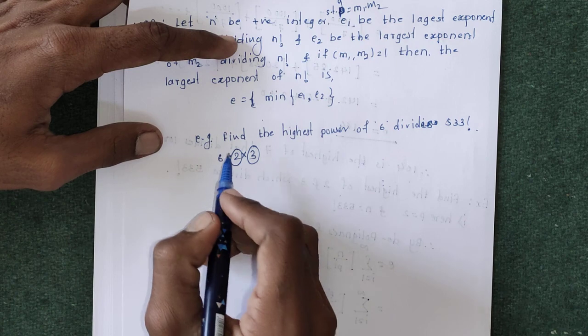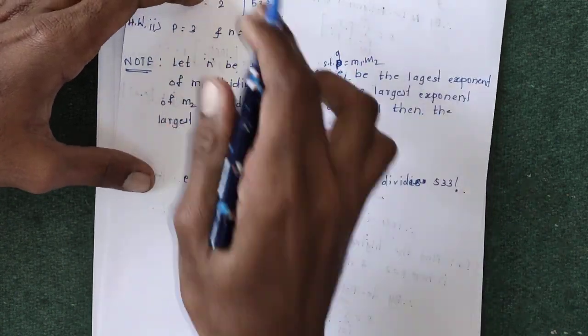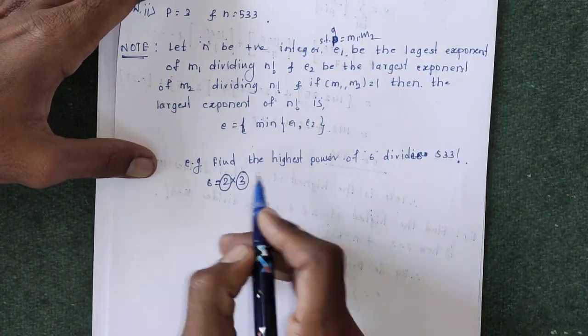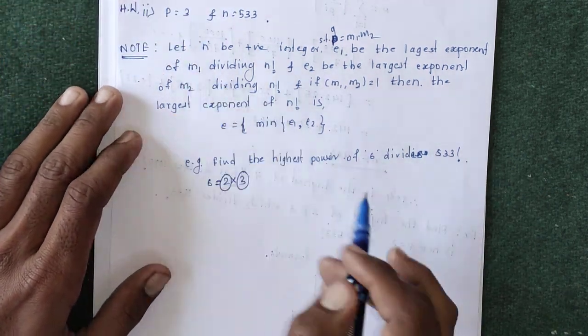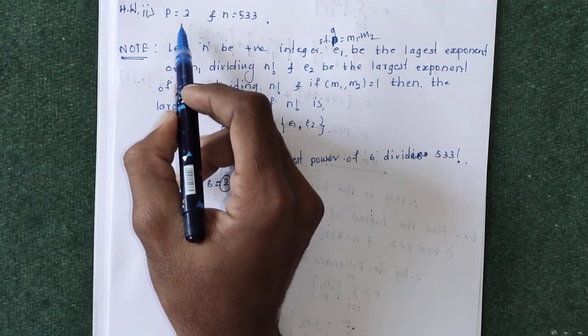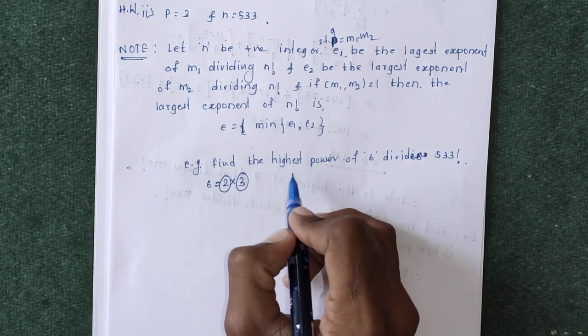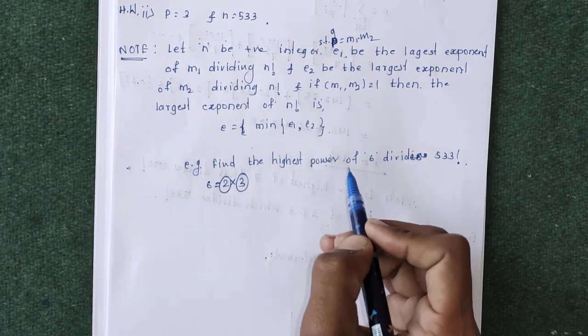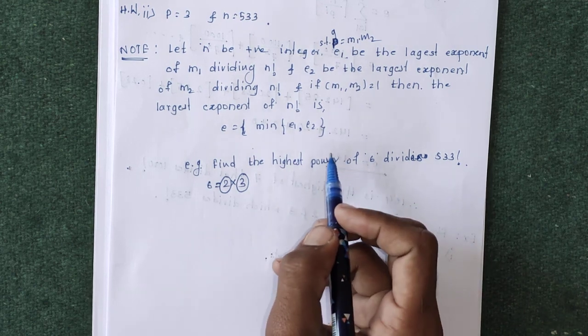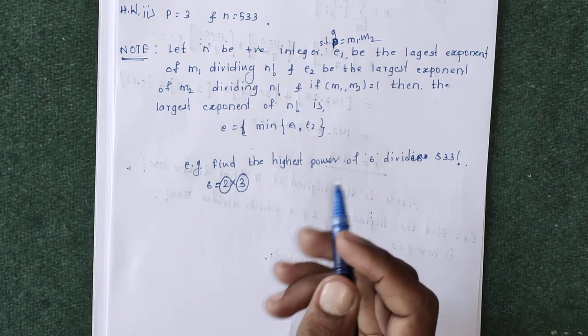In the previous example we found the highest power of 2 dividing 533 factorial is 529, and if you solve this example for p equals 3, you will get 263, and the minimum of those is 263, so your answer will be 263.